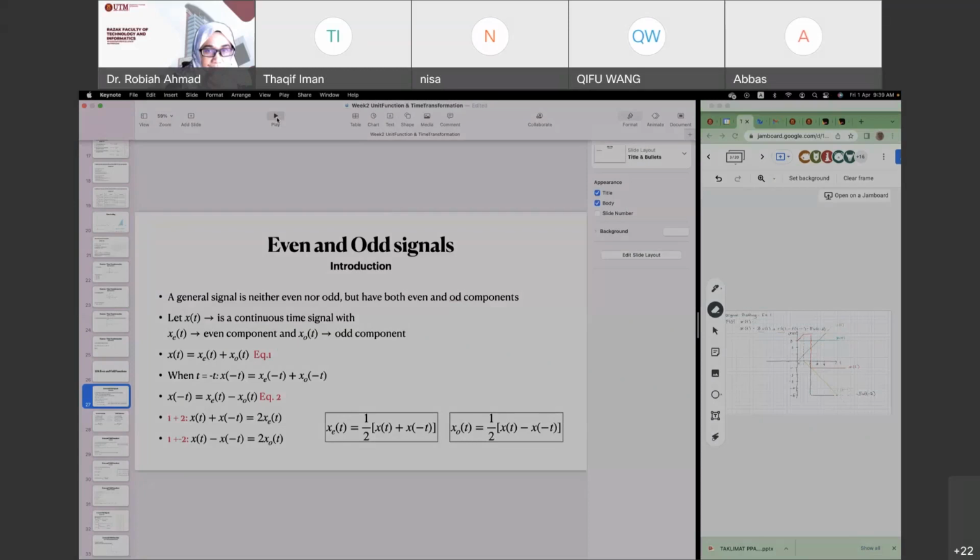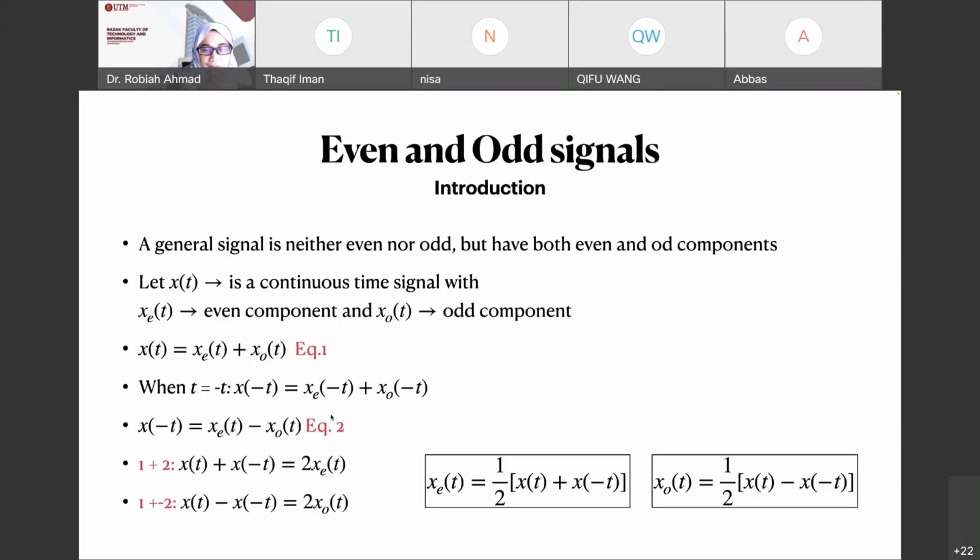For the even signals, it will be half x(t) plus x(minus t). This is the derivation of why these equations come up. I'm not going to explain that because it is mathematics, so you can go through it.